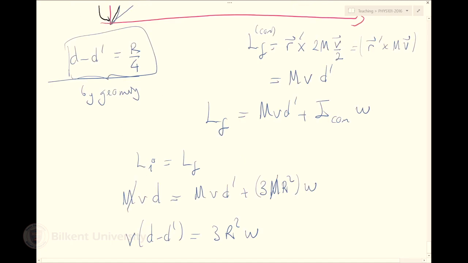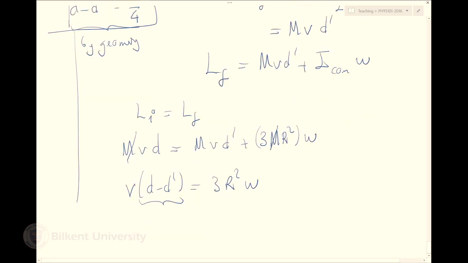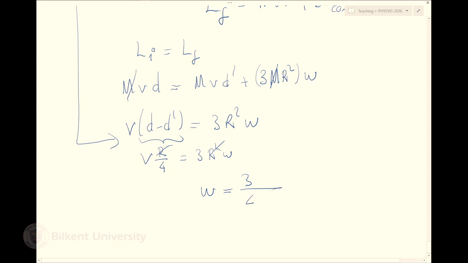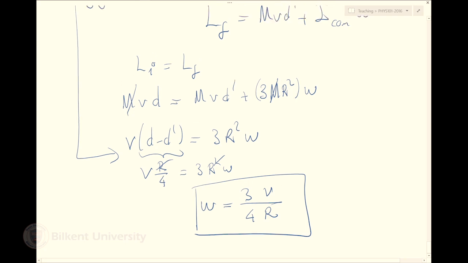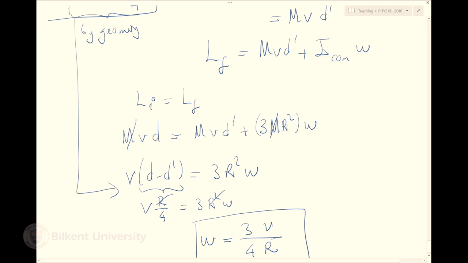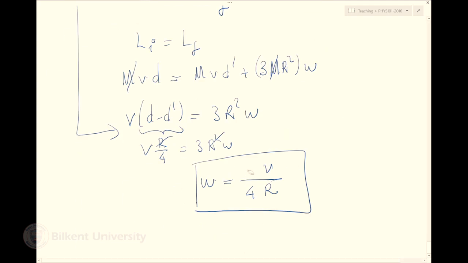D minus d prime by geometry is r over 4. So 1 power of r cancels. Apparently, omega is 3/4. That's excellent. Thank you. It should be v over 12r. How many of you actually found this result?